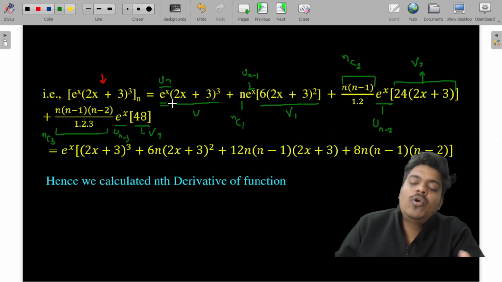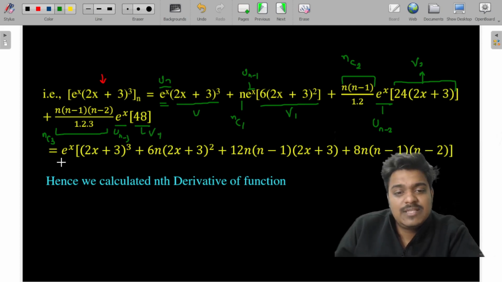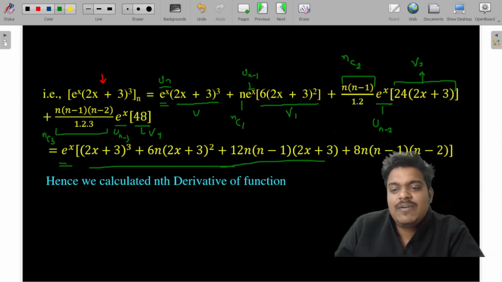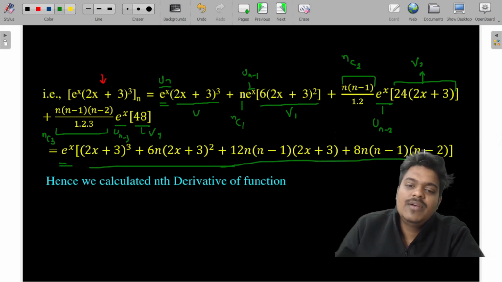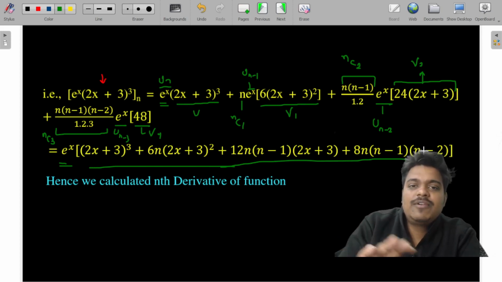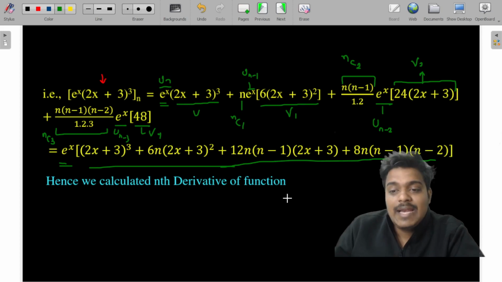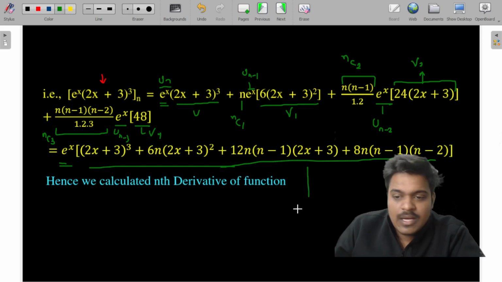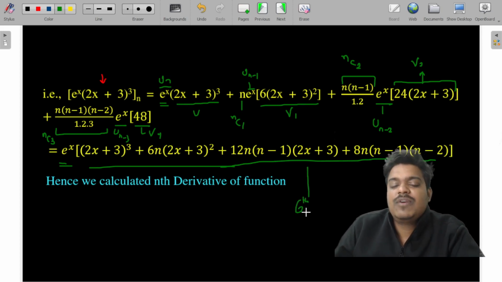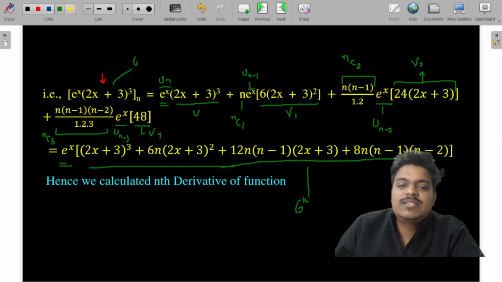Now beyond v3 all the values are 0, so we are not writing them, we will simplify it, and this is the value of the nth derivative of this function. The nth derivative of v is not possible after the fourth term, but yes, the nth derivative of u into v is possible. Now suppose you need to find out the sixth derivative of this function.